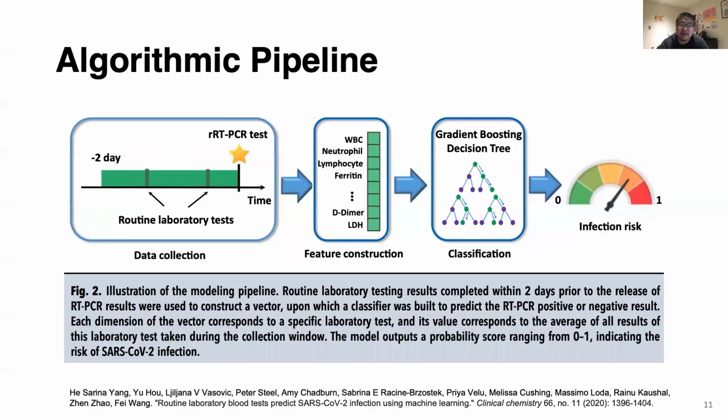Based on this observation, we are thinking about whether we can leverage the routine blood test results of patients around the time when the patient was taking the RT-PCR test, because patients who got infected by SARS-CoV-2 may have already demonstrated some abnormalities in their routine blood test results.